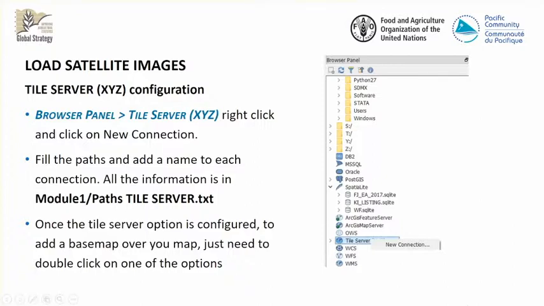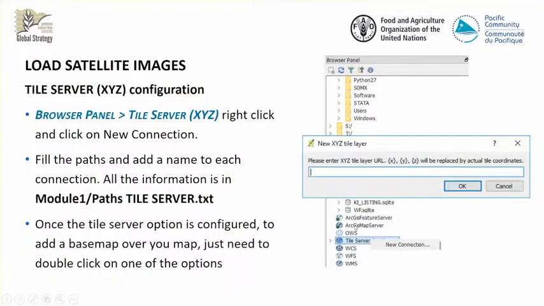And you will see only one option, new connection. That's easy. So we have to click on new connection, and you will find this window asking you to enter the layer URL, okay?